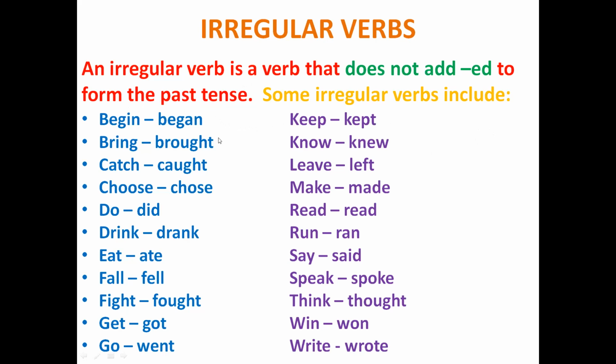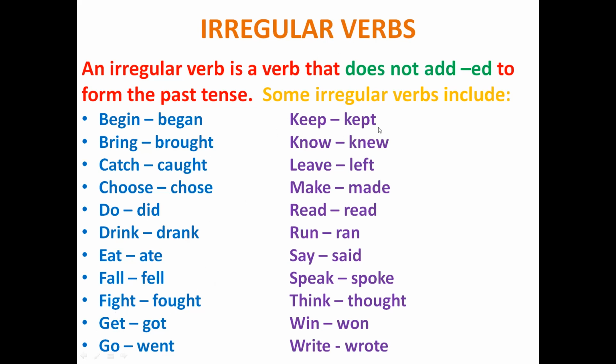Some irregular verbs include begin, began; bring, brought; catch, caught; choose, chose; do, did; drink, drank; eat, ate; fall, fell; fight, fought; get, got; go, went. These are the past tense forms of these irregular verbs.